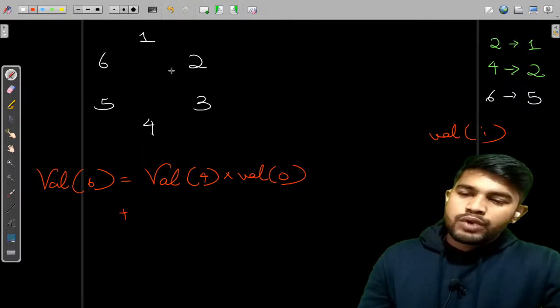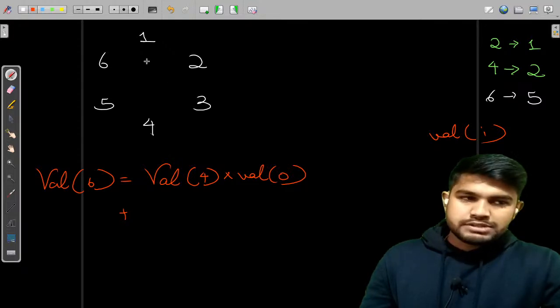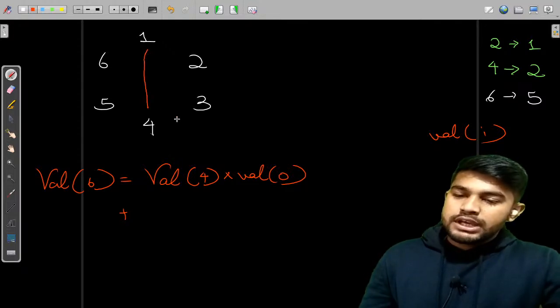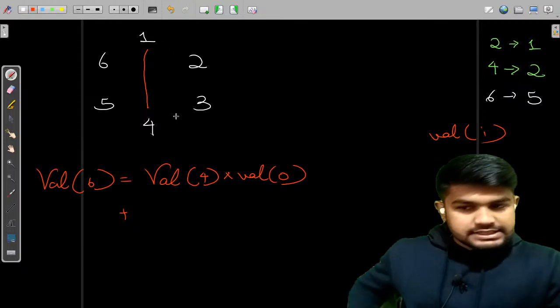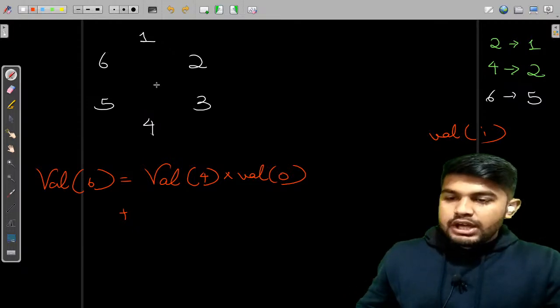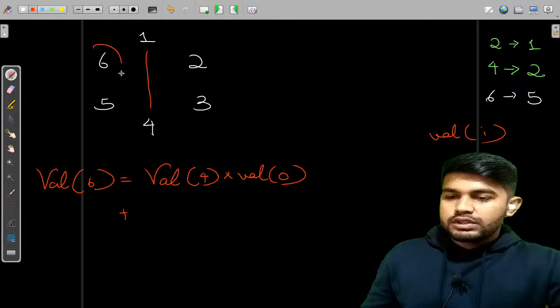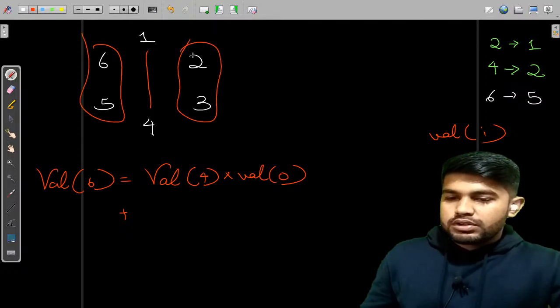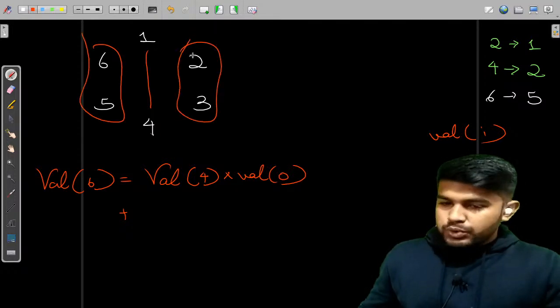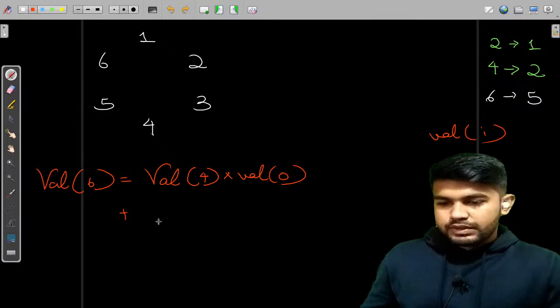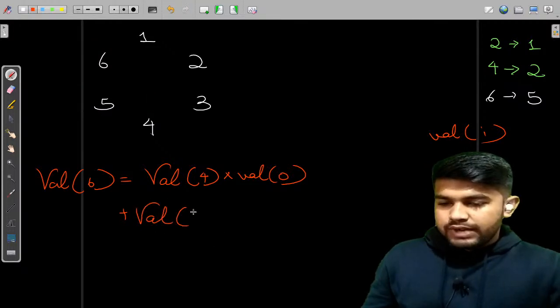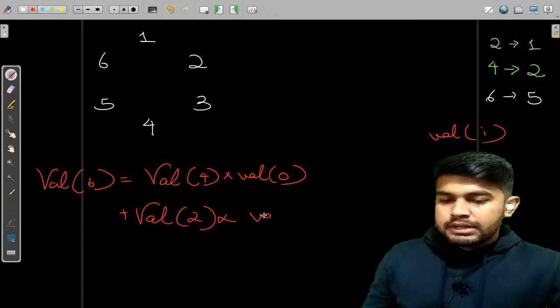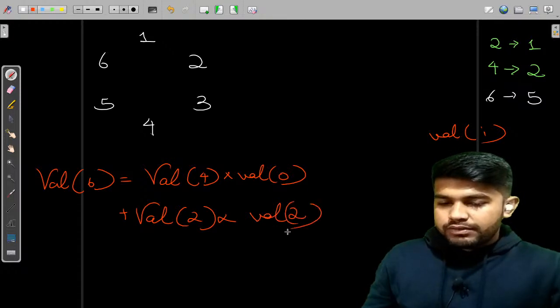This time 1 making a pair with 3 is not possible, and now 1 is making a pair with 4. What is this? This is value of 2 multiplied with value of 2.